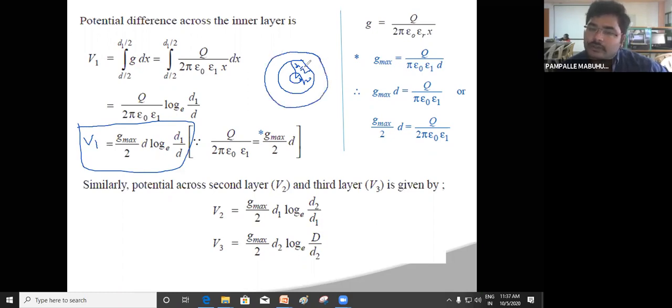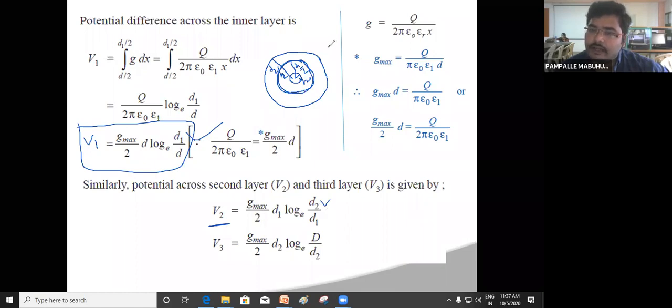Now if you consider the second layer, you consider this as the conductor, which is at a distance d1 by 2, and this will be at a distance d2 by 2. So d1 will become d and d2 will become d1 in this case. Then you will get V2, which is equal to G max by 2, where in place of d you will have d1, and in place of d1 you will have d2. So V2 is equal to G max d1 by 2 ln d2 by d1.